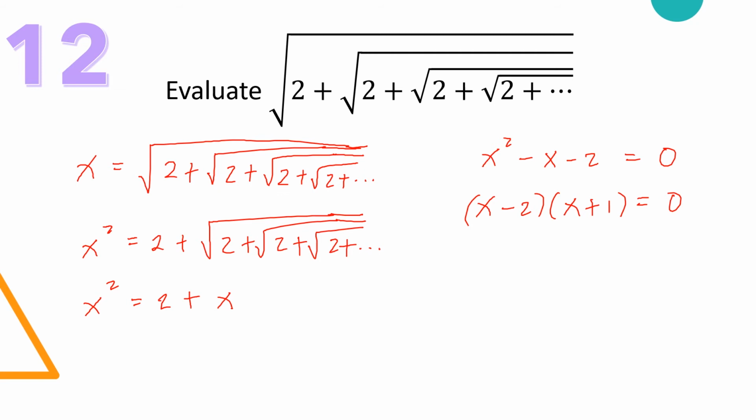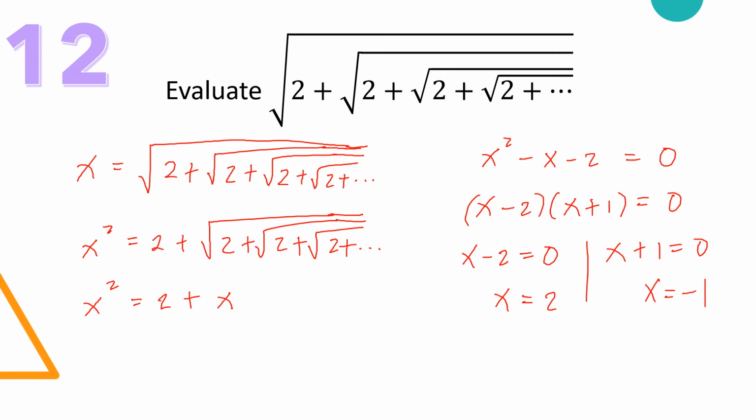Equating both factors to 0 by the zero property of multiplication, we have x minus 2 equals 0 and x plus 1 equals 0. Adding 2 to both sides of x minus 2 equals 0, we have x is equal to 2. And then subtracting 1 from both sides of x plus 1 equals 0, we have x equals negative 1.